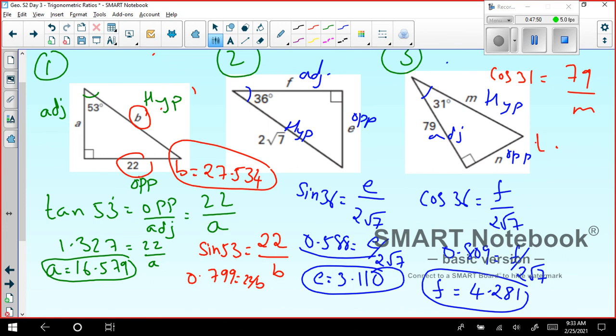So tan 31 degrees equals opposite, that is n over 79. Okay. You can further simplify. I'm not going to go ahead and solve. This is how you will find the basic sides, and there will be a worksheet where you'll be working on these kinds of problems later today. Okay, let's move to the next slide.